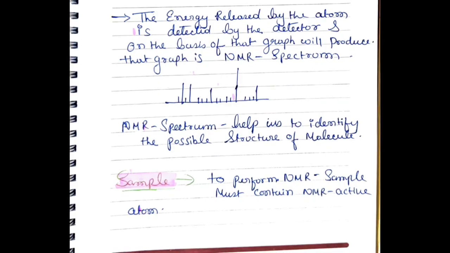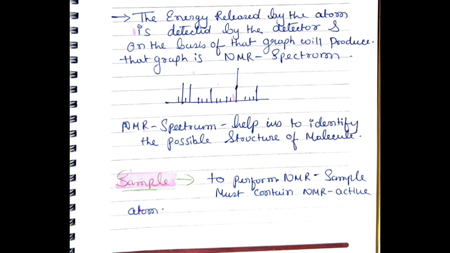Now, to perform NMR, the sample must contain NMR active atoms. If you want to analyze any compound or sample, it should have NMR active atoms in it to perform NMR analysis.